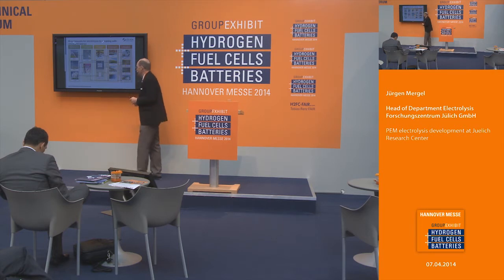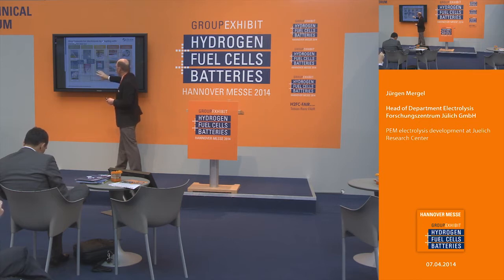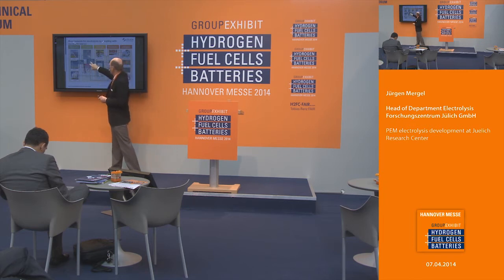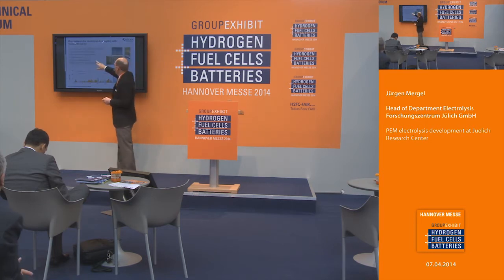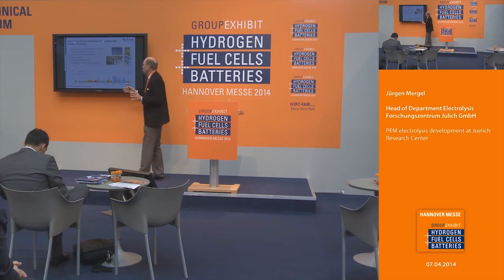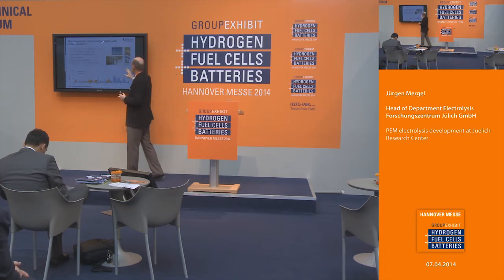The results of this analysis show that in 2050 you need an electrolysis capacity of around 40 gigawatts to store the energy by hydrogen or by methane, if you make power to gas by methanation. That means the electrolysis units must be in the megawatt scale, or Siemens is thinking about gigawatt scale. And what does it mean also for the electrolyzers?